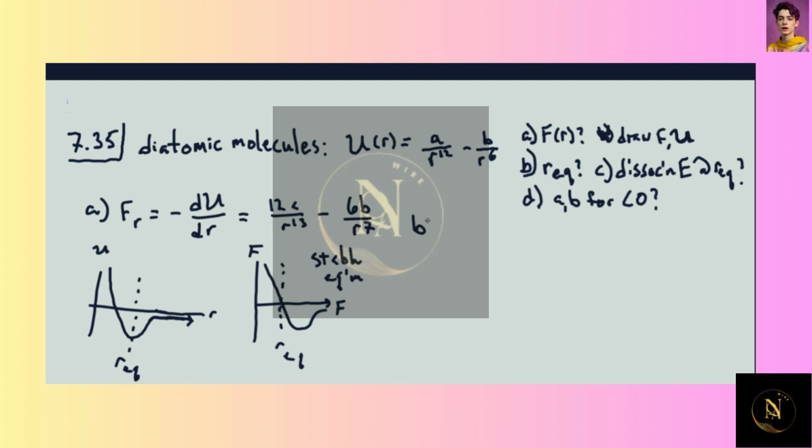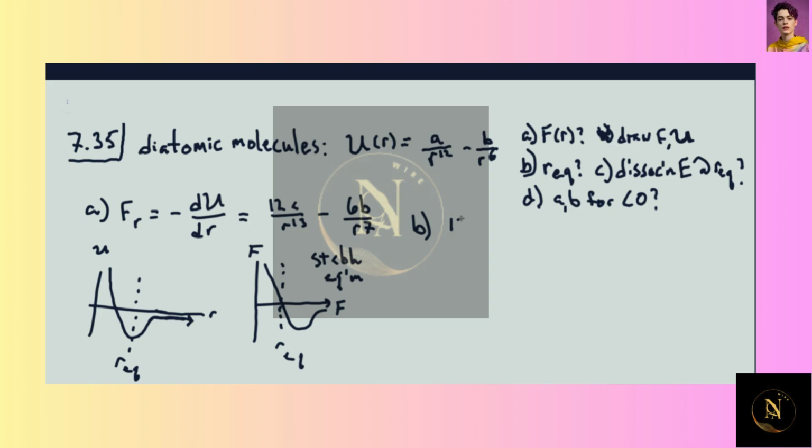So now, for part B, we want to find this equilibrium. And so we know it's at the minimum of the potential energy. And, you know, to do a minimization problem, you take the derivative, set it equal to 0, and we've just computed the derivative. So it's also where the force is equal to 0.